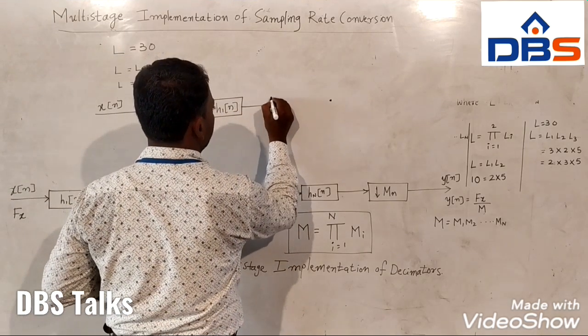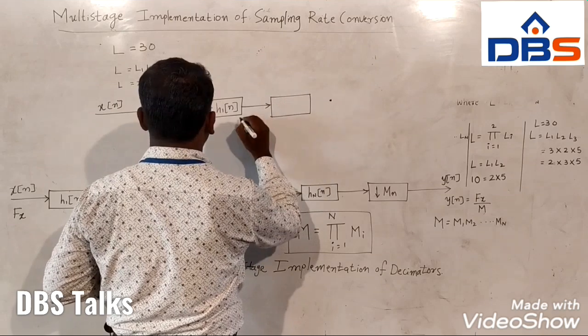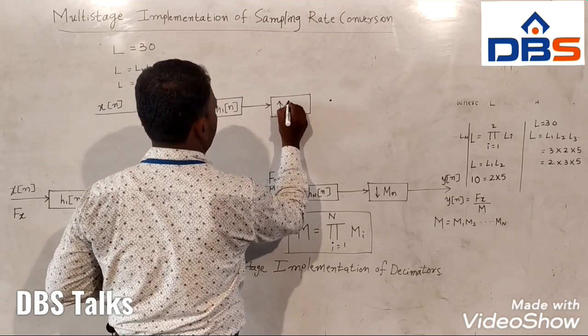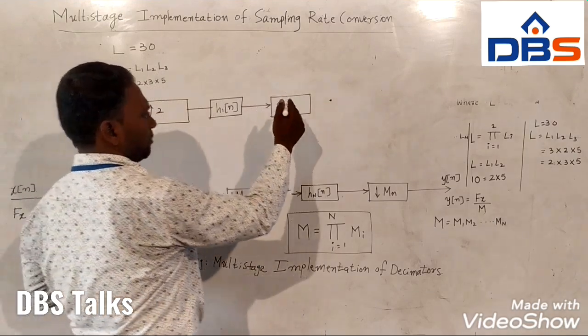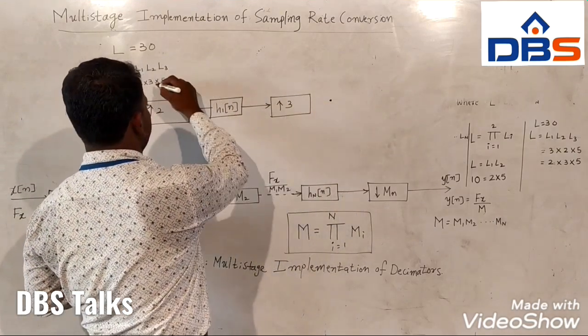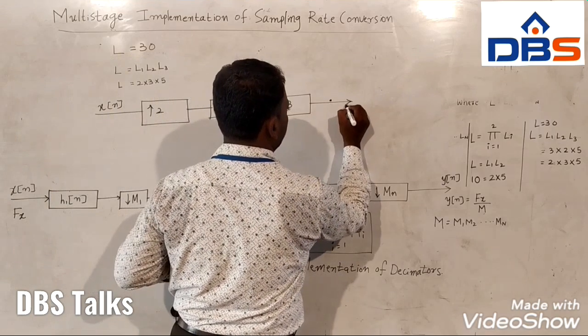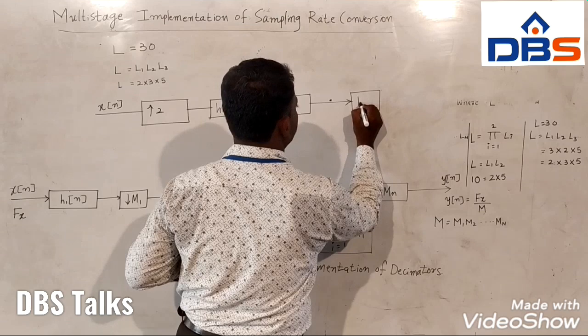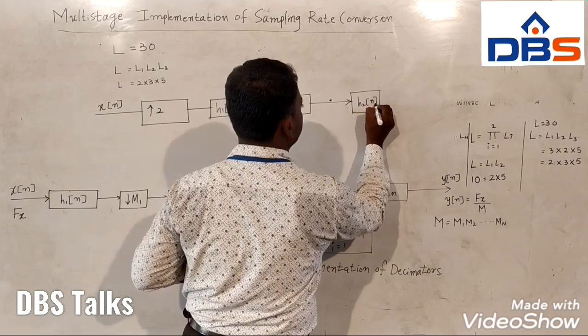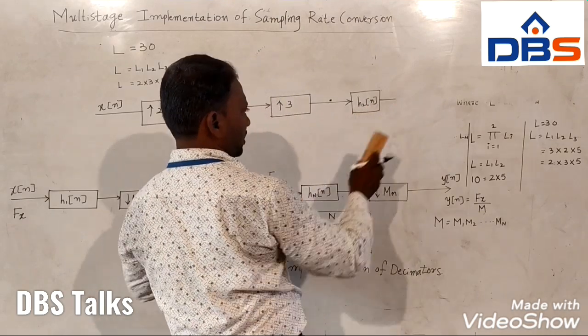Then you take L equal to L1 into L2 into L3, three stages, multi-stage. L1 is 2, then 3, then 5, so in total you get 30.